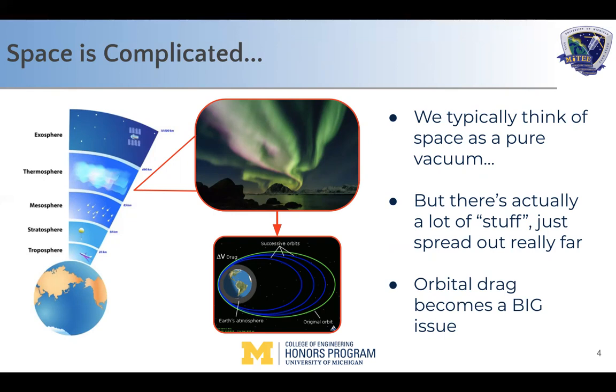decommissioned satellites. This is additionally a really big deal for small sats as compared to traditional satellites, since small sats have a very high surface area to mass ratio. The analogy that we like to draw is if you're driving a car on the freeway and you throw a leaf out of the window, that leaf and your car both are experiencing the same drag force, but that drag is going to affect that leaf much more significantly than the car because it has a much higher surface area to mass ratio.